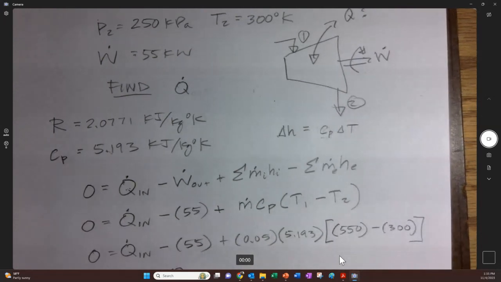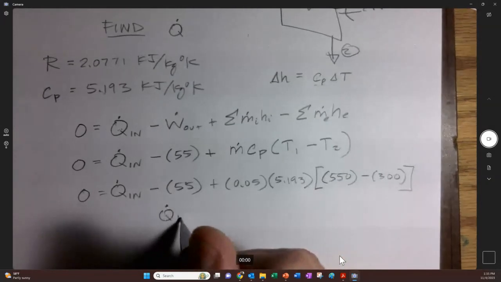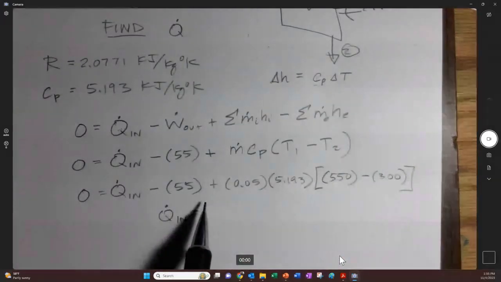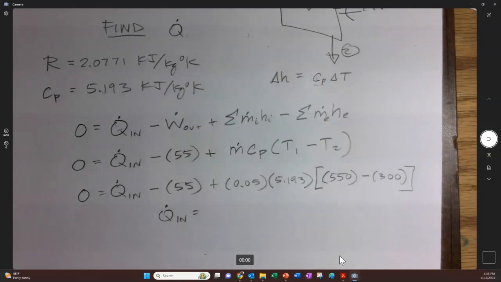And I should have in the other problem maybe checked to see if we got the right answer. I'm going to keep track of my signs really carefully. So let's see. We're going to have 550 and 300.